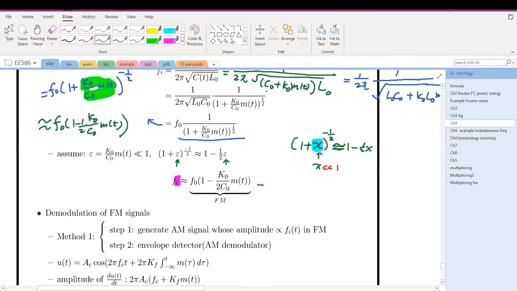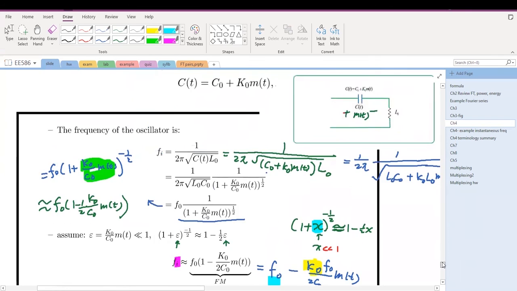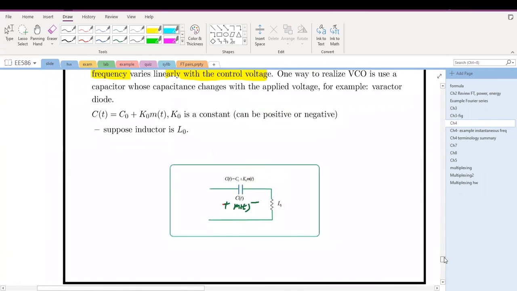If we plug it in, that equals f0 minus K0 over 2C0 times f0 m(t). So f0 can be the carrier frequency in FM modulation. This method is the direct method to implement FM modulation.